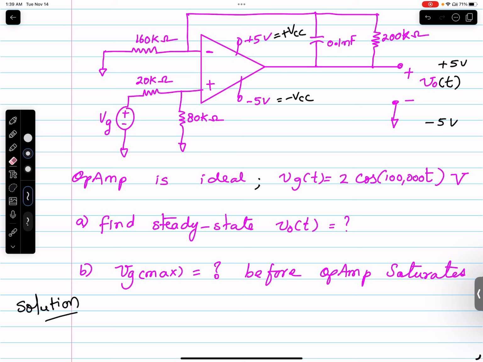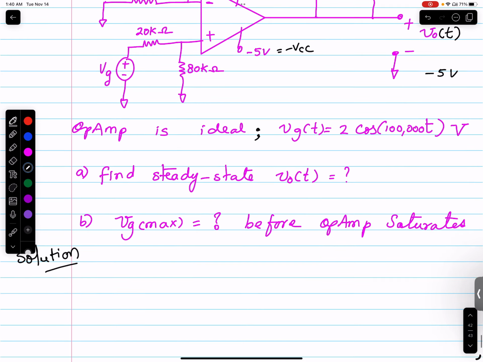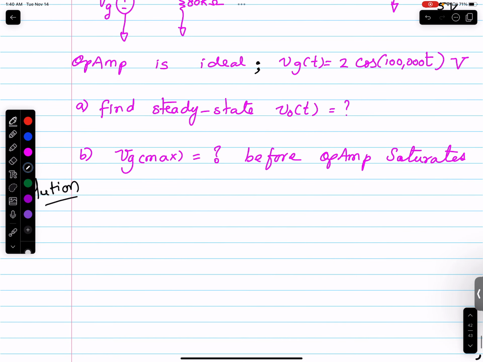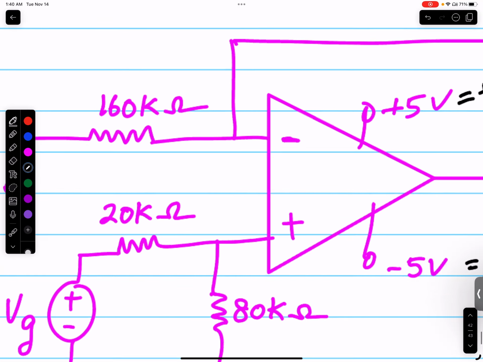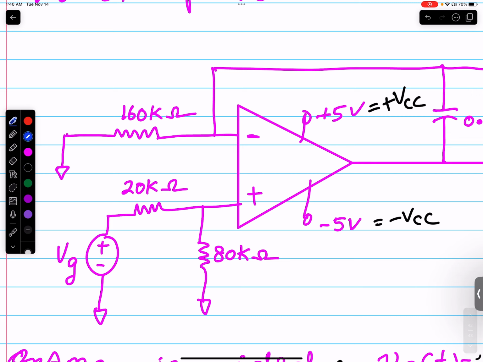This is negative VCC. Let us see now how do we go about doing this. It is pretty similar to what we did in the op amp circuits.